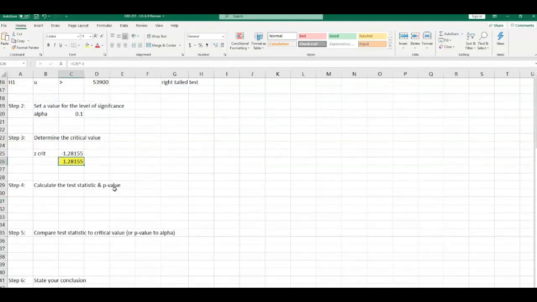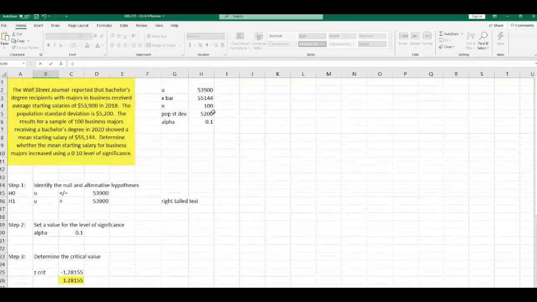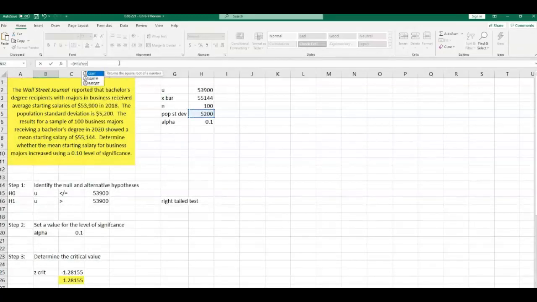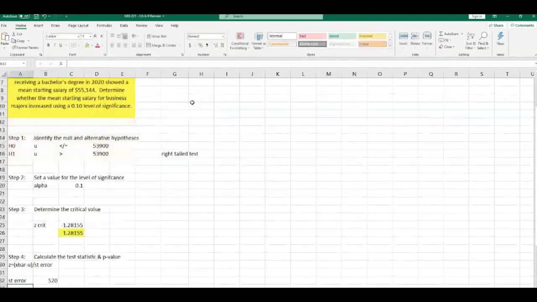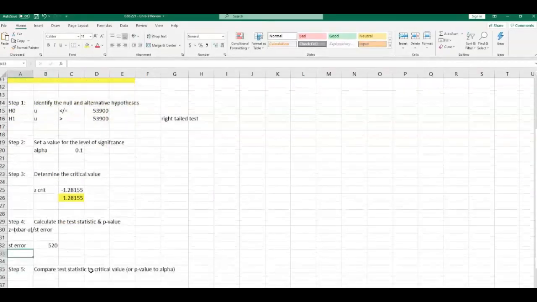Now, our test statistic and our p-value. Again, our z-score formula is our x bar minus our mean divided by our standard error. We need to find our standard error here. So that's going to be our population standard deviation divided by the square root of our n. So that gives us our standard error of 520.